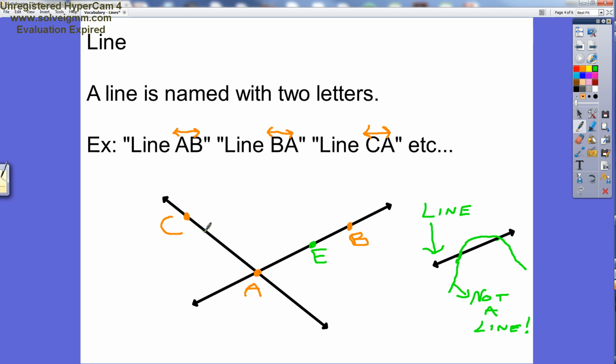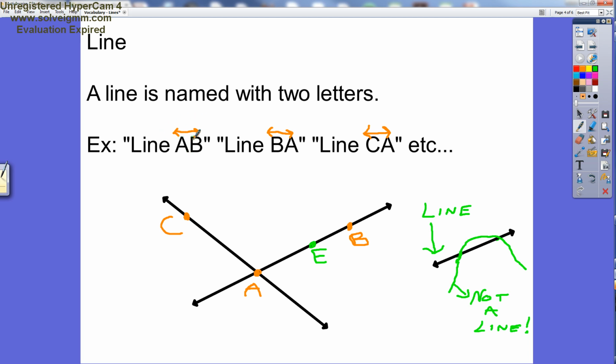But yeah, so basically, as long as you pick 2 points that are on that line, you can name it that way. Now, when we are writing, nobody wants to actually write out the word line when you're doing your homework. The way that we show that we're dealing with a line and not any other type of structure, like what we'll talk about later, is we put this little hat on top.